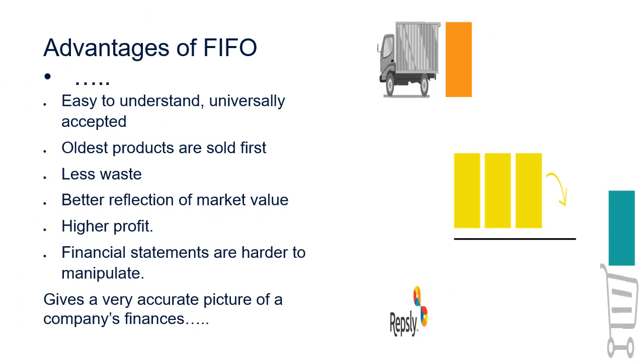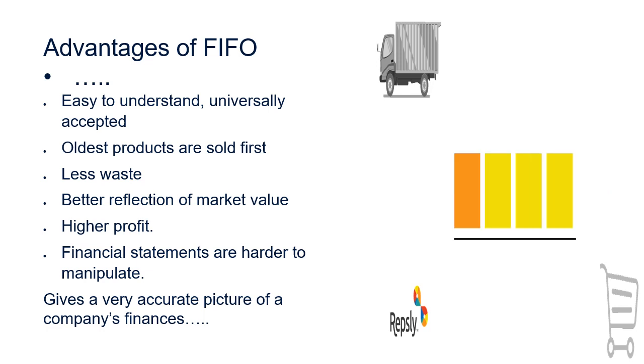Now let us speak about the advantages of FIFO, that is first in, first out. As we know, friends, the FIFO method is considered to be a more trusted method than LIFO, that is last in, first out. The first important advantage is that the method is easy to understand, universally accepted and highly trusted.